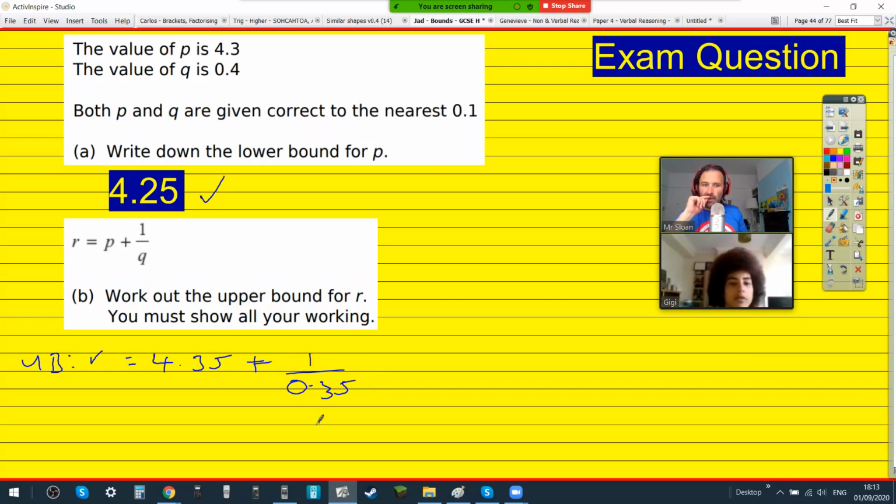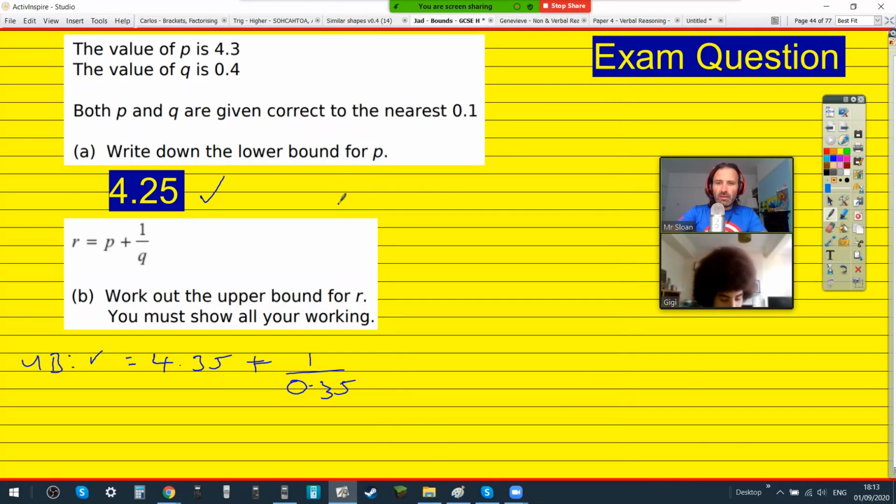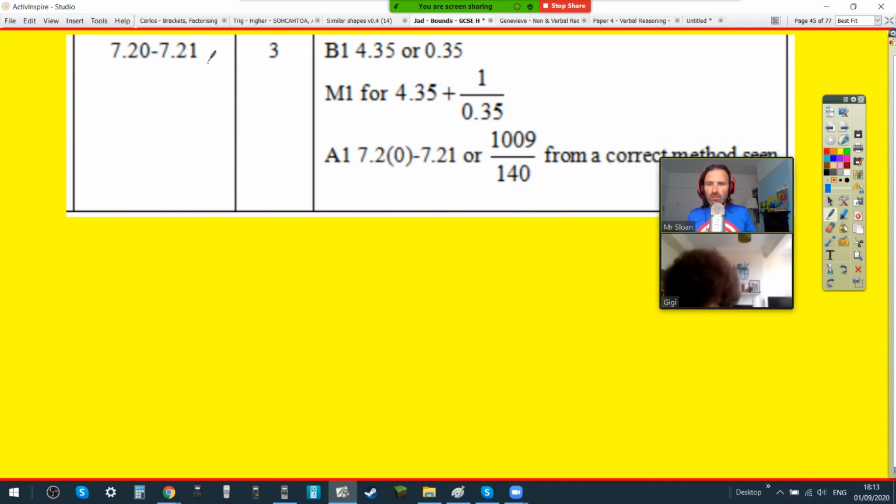Yep. Yeah, that's it. 7.2... 7.21, let's say. So 3 sig fig. There we go. 7.21. They gave some leeway with it.